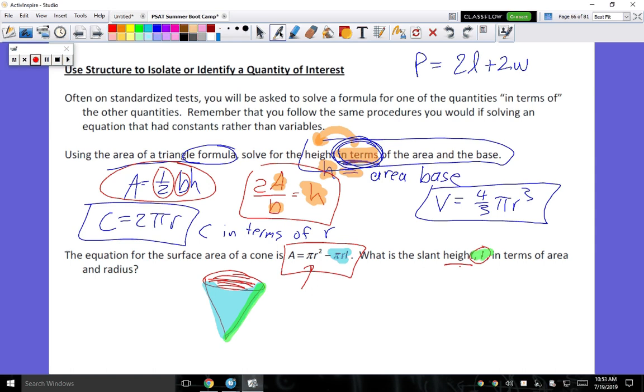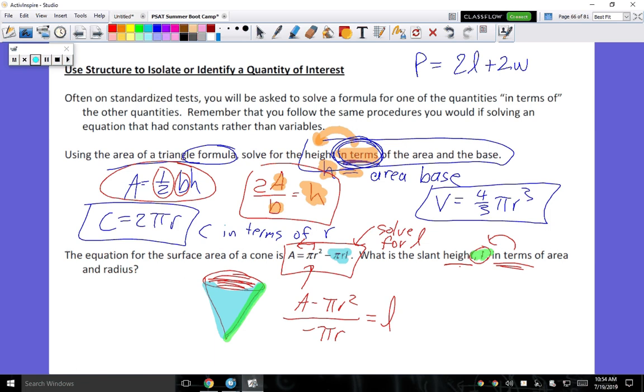Okay? So when it says "in terms of," I look in front and I'm basically asking myself, solve for L. Get L by itself. Okay? Some people would move this pi r squared over, so it'd be subtracting this from a, and then they would divide by negative pi r, and this is the answer.